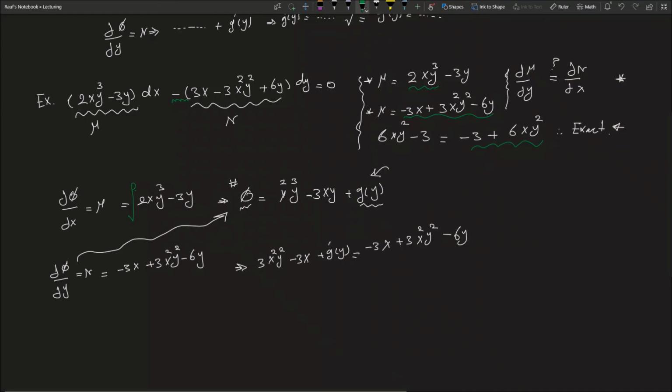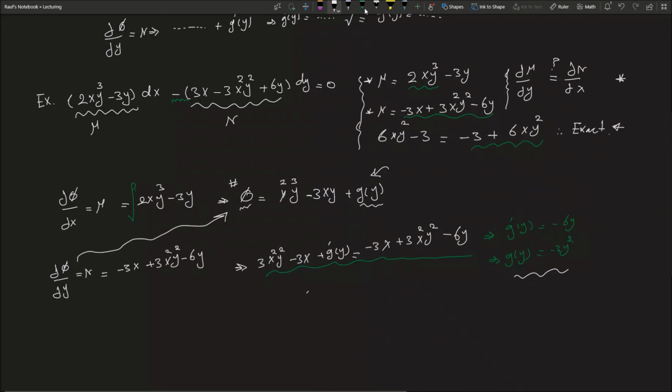So these two terms should be equal to each other. From this we can conclude that g prime of y equals minus 6y. From that we can say that g of y, doing the integration, will give you minus 3y squared.